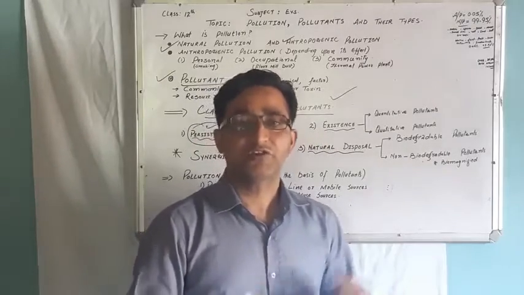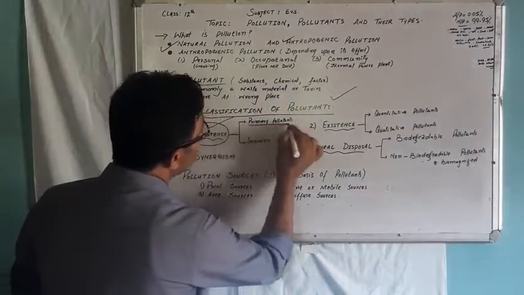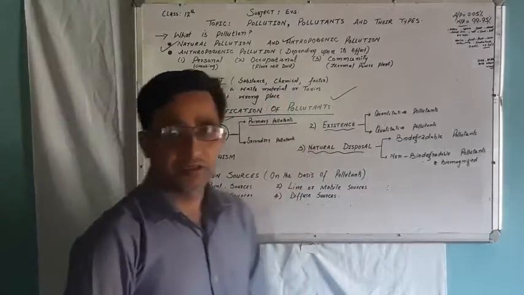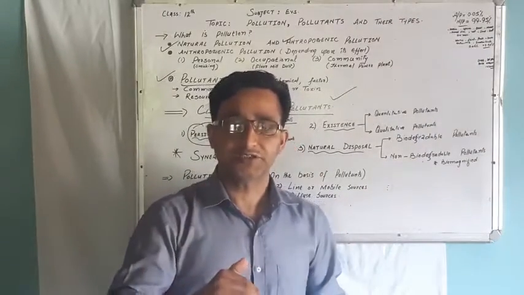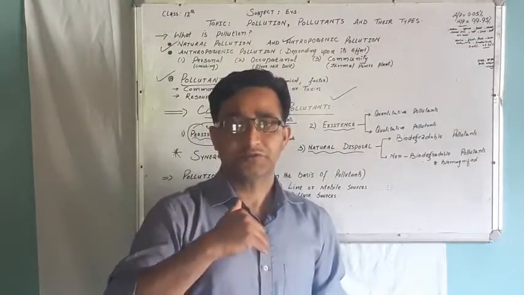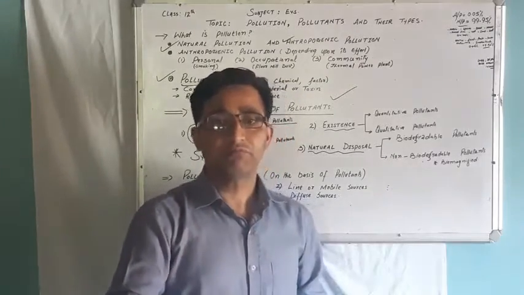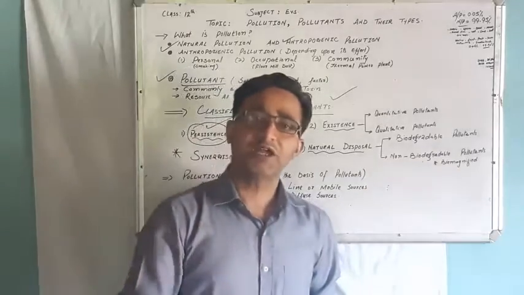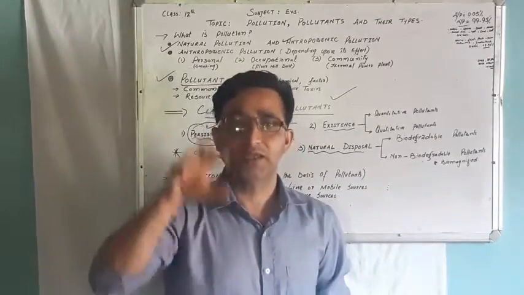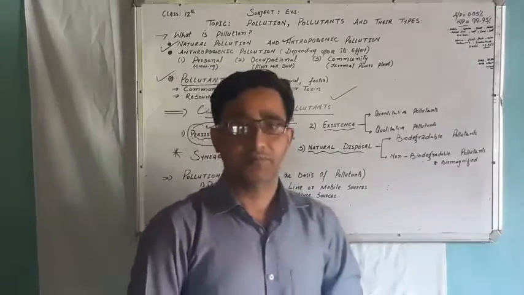Primary pollutants, what are primary pollutants? Primary pollutants कौन से pollutants होते हैं? These are the pollutants which remain in the same form in which they are added to the environment. ये उसी शक्ल में रहते हैं environment में जिस फॉर्म में ये रिलीज होते हैं, जिस फॉर्म में ये add होते हैं हमारे environment में.